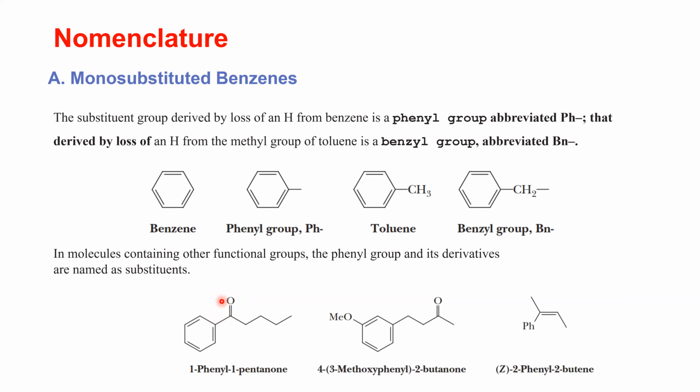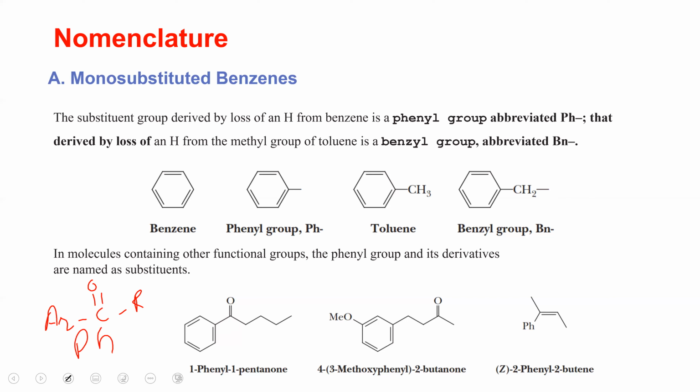It is the carbonyl sandwiched between the two R groups. If we wanted to write its generic formula, as I told you in the previous slide, you can use Ar, then C double bond O, and then R. More particularly, you can use Ph as well, because Ph is for phenyl.